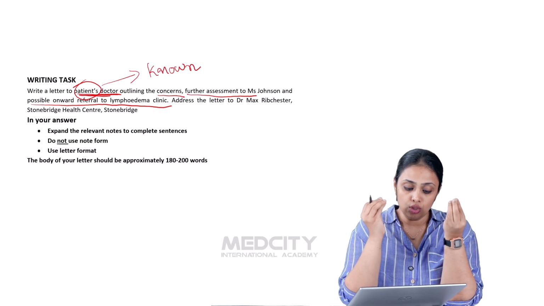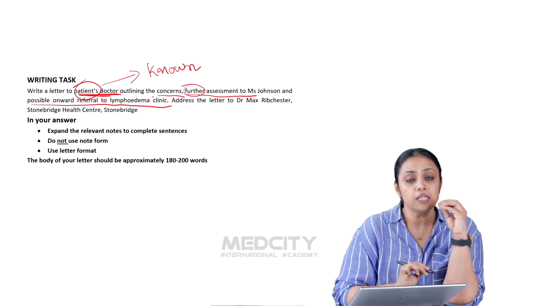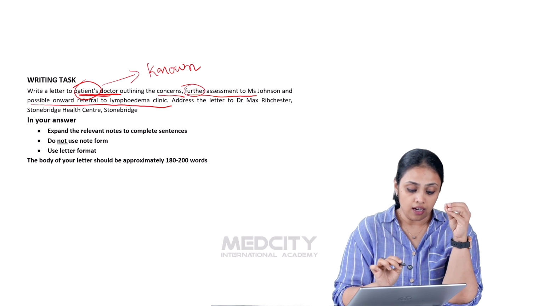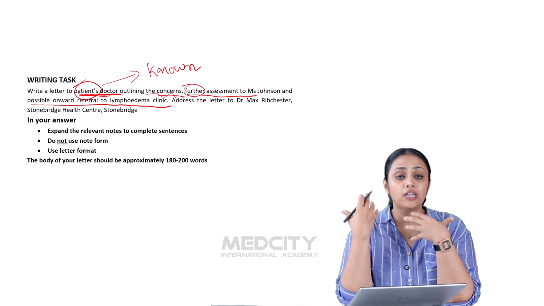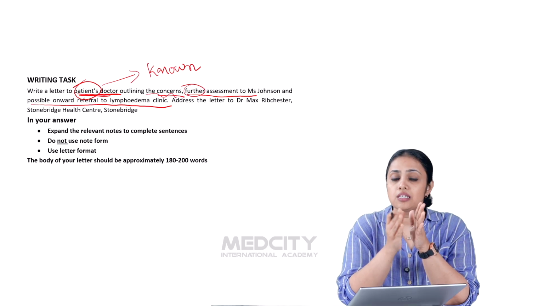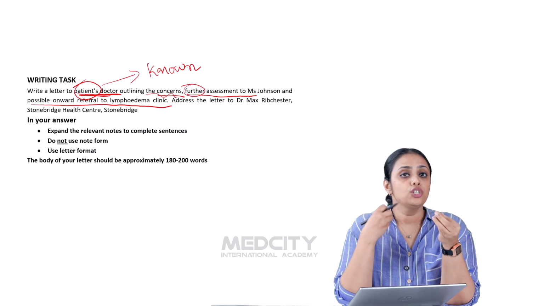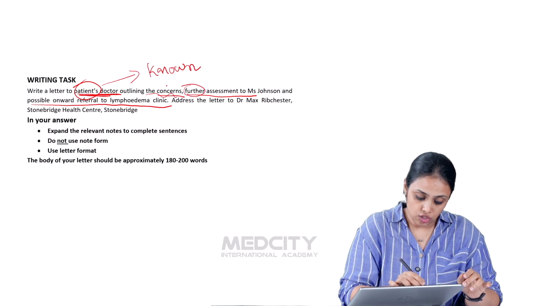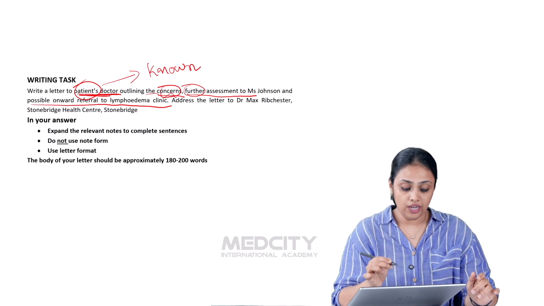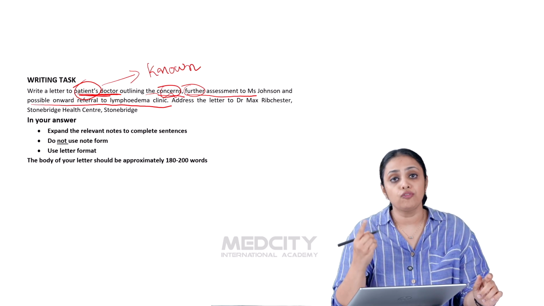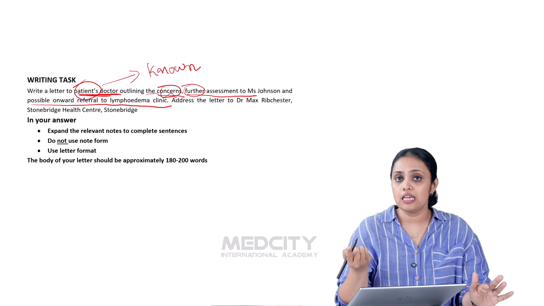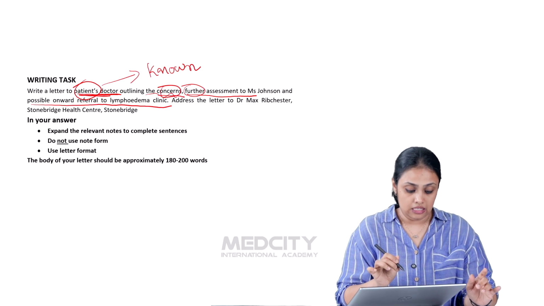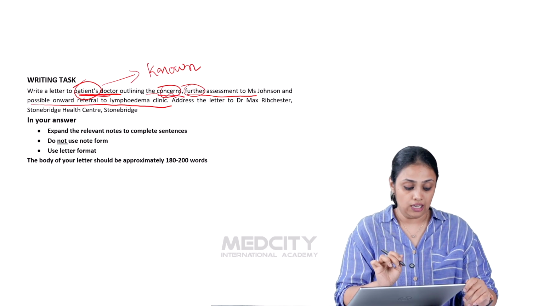The doctor needs to further assess the patient. Then you have to outline the concerns. Whatever concerns the writing nurse has regarding the patient should be included in the letter. Then you have to request further assessment. The doctor's further assessment of your patient is necessary, and should be requested through the letter.